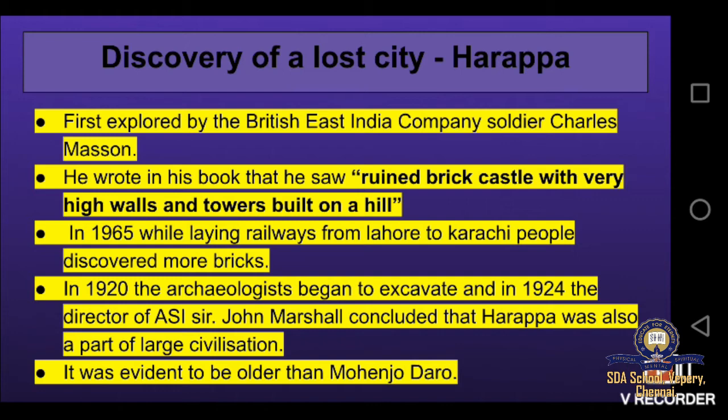Charles has written in his book about the ruined brick castles and high walls and the towers built on a hill. Later, in 1865, while laying the railways from Lahore to Karachi, the people of the railway department were able to discover more bricks. And in 1920, the archaeologists also started to excavate, that is, they started to search over the land.